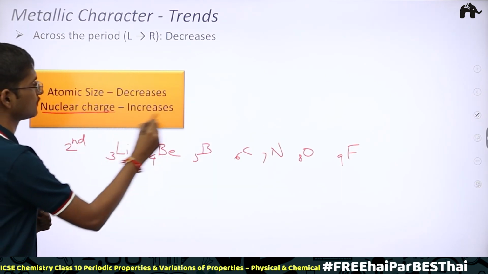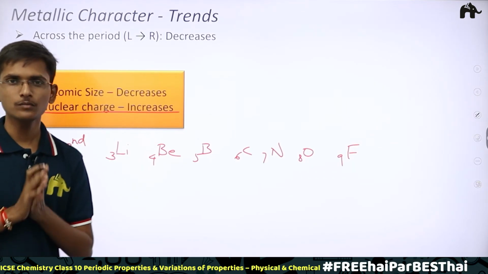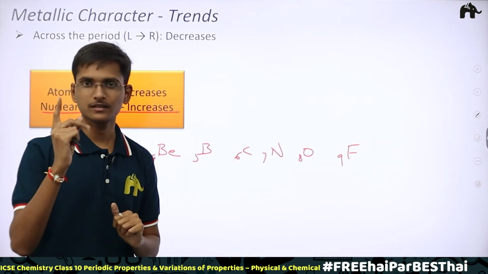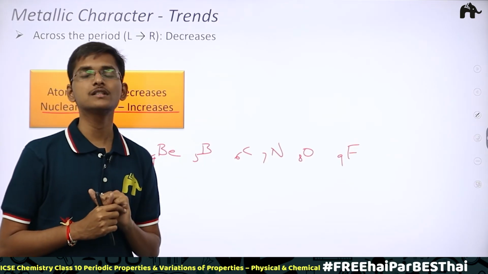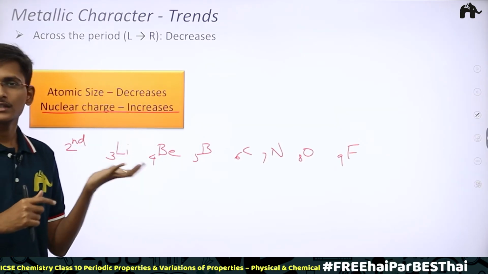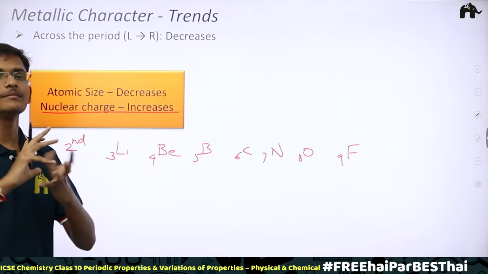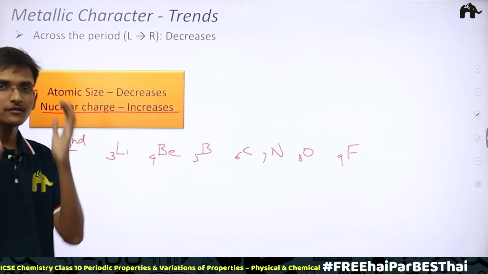Now we know that when we move across a period, what happens to the atomic size? The first factor on which metallic character depends. We have just now studied the trend of atomic size across the period, and you can remember this thing in the form of visualization.